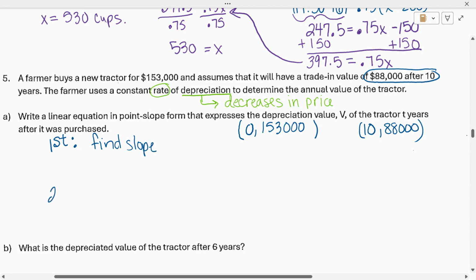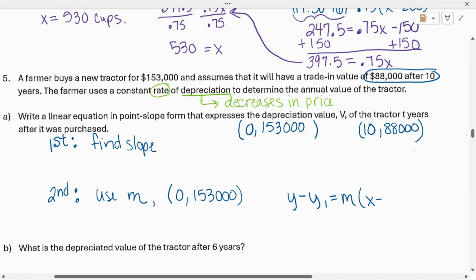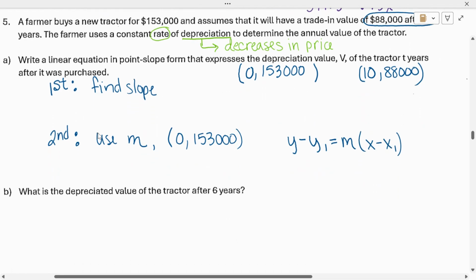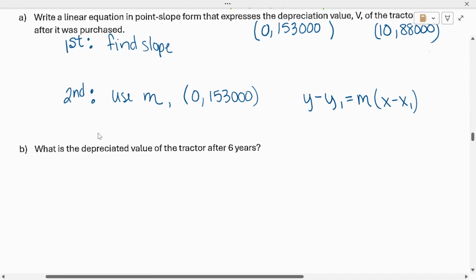Then you're going to use the slope that you found and one ordered pair, and you're going to write the equation y minus y sub 1 equals m times x minus x sub 1. So you're just going to plug those in.